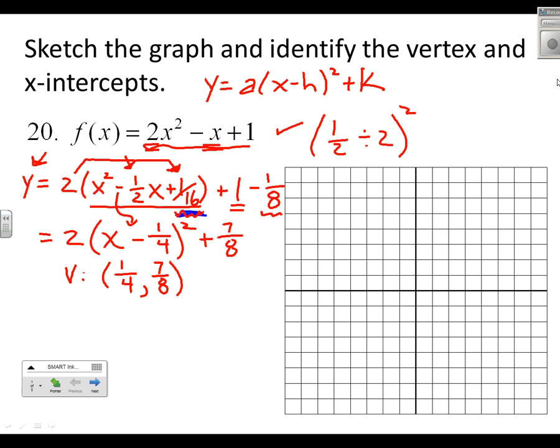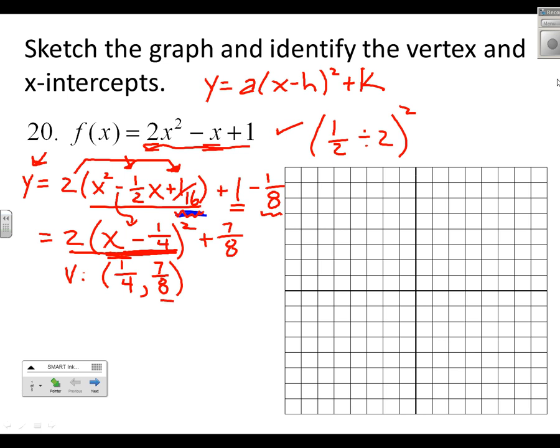I call it the MIVOX. Most interesting value of x is 1/4, because that is when we're squaring 0. If I'm not squaring 0, my values are going to keep getting bigger and bigger and bigger. So that would indicate that my vertex should be when x is 1/4. If x is 1/4, this becomes 0, times 2 becomes 0, plus 7/8 gives me my 7/8 y value.